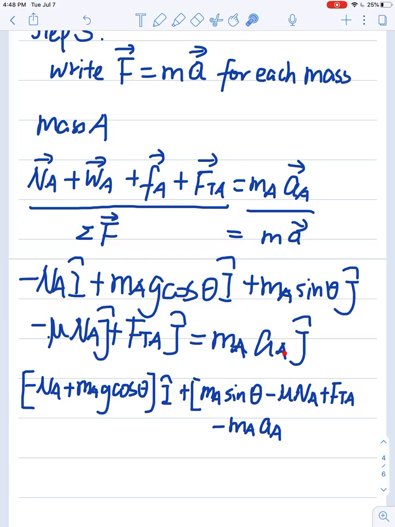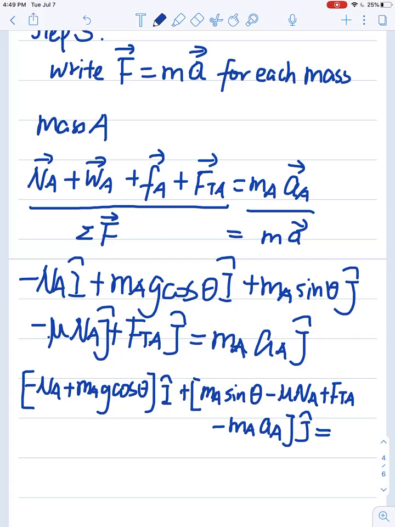Here the MA AA comes from the right hand side of the equation. You simply put that on the other side of the equation. That's a j component, sorry.